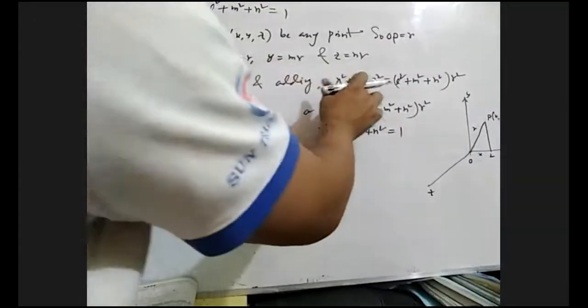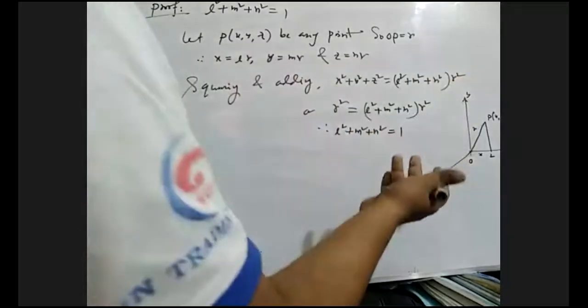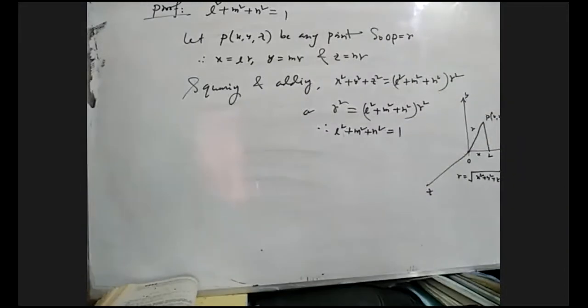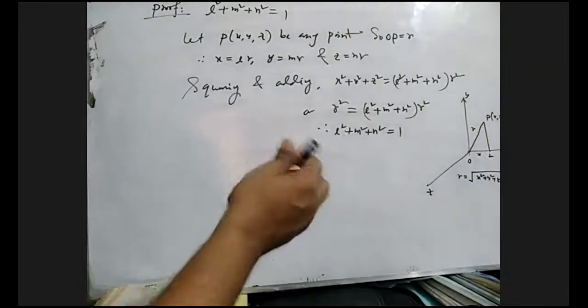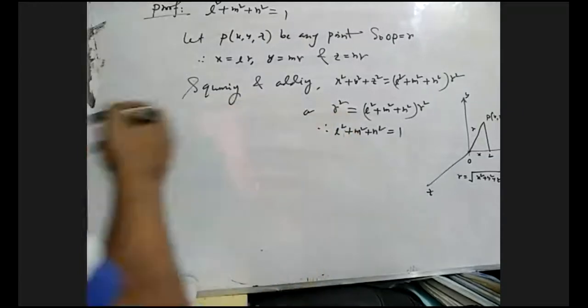So x square plus y square plus z square equals r square. So r equals root over x square plus y square plus z square. In three-dimensional vectors, you must know this. That is why we get this result.